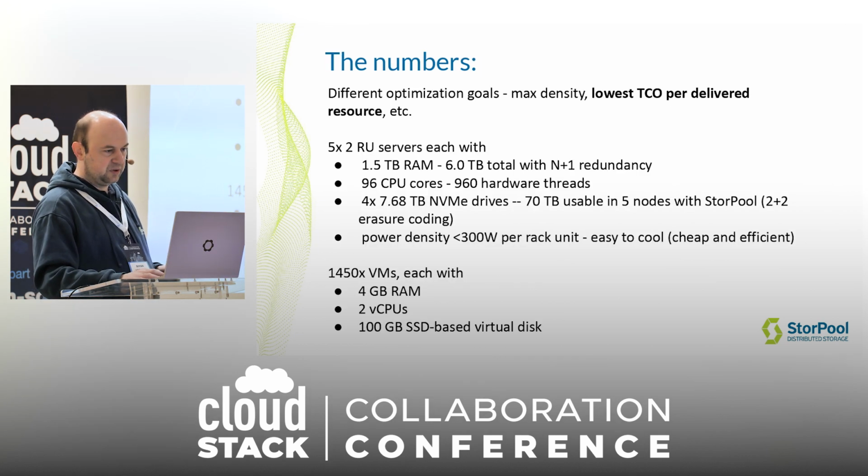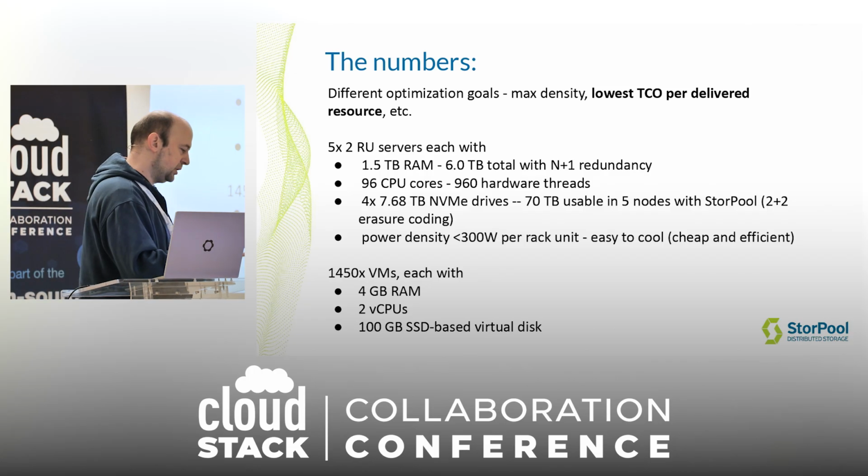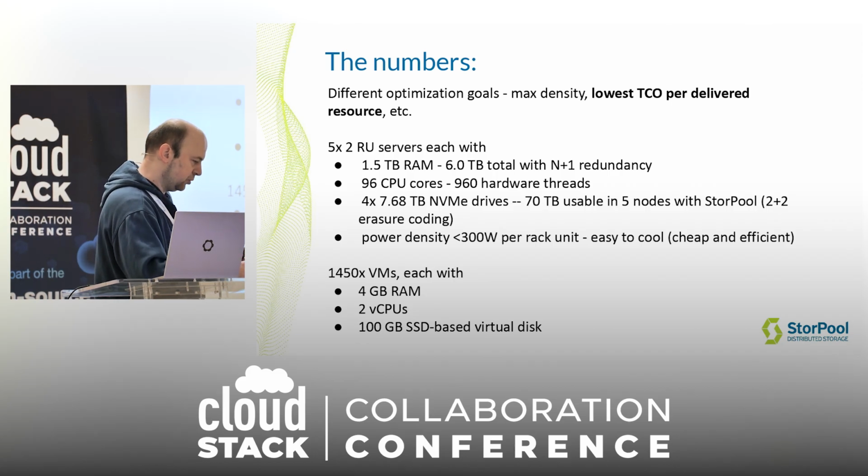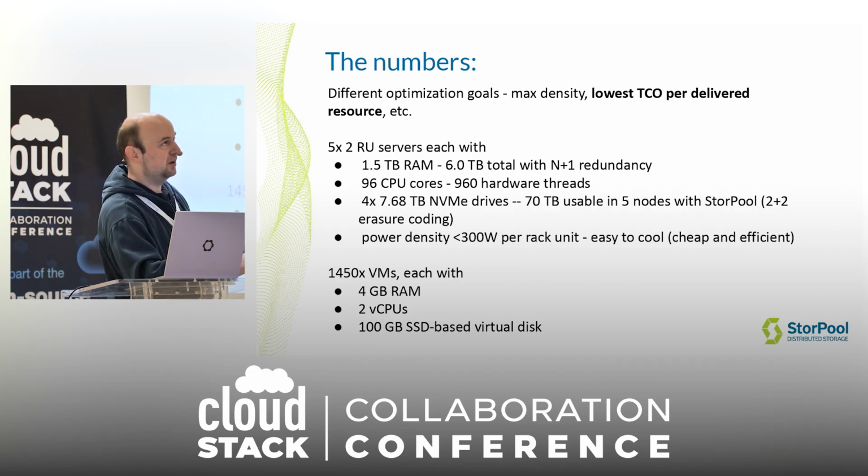So on to the numbers. To turn that into a more concrete scenario, first you need to decide what your optimization goal is. If you go towards maximum density, cramming as many VMs as possible per rack unit, you get a different hardware configuration versus if you have some other optimization goals.